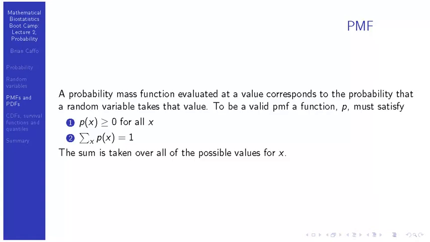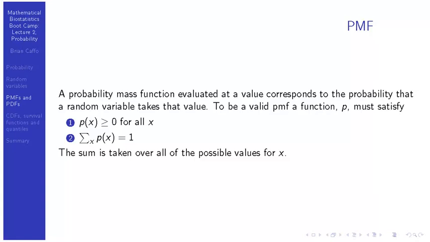We use an uppercase letter typically to represent the random variable as a conceptual entity. So if we say capital X, we're talking about a die roll that we could have. When we use a lowercase x or y or a lowercase letter of any sort, we tend to be talking about realized values of the random variable.